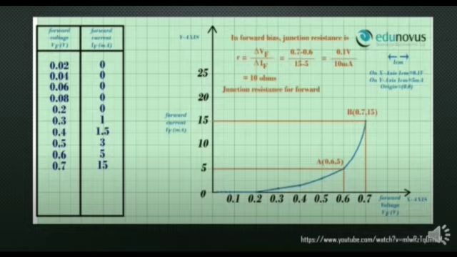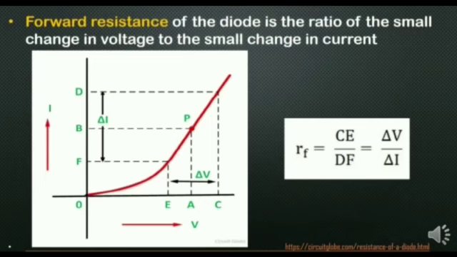Now let's define forward resistance. Forward resistance of a diode is the ratio of the small change in voltage to the small change in the current. In the graph, we can see that the forward current is taken on the y-axis and the forward voltage on the x-axis, and the forward characteristics graph is plotted.